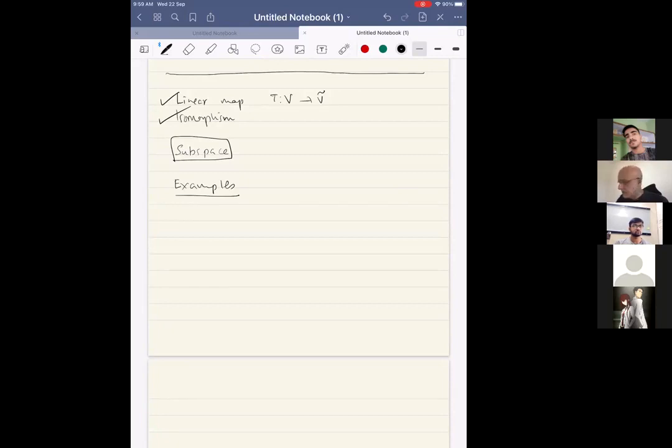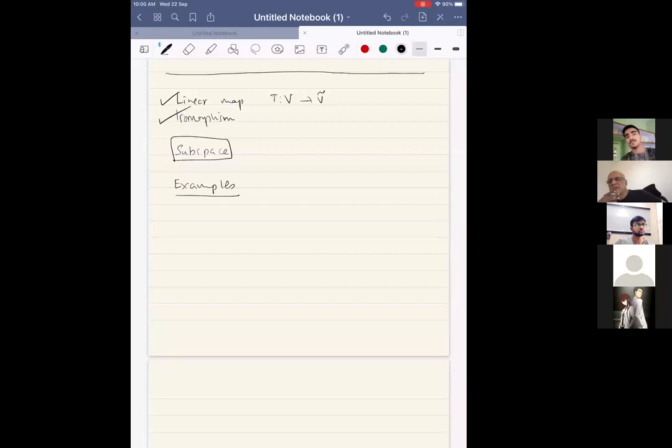Now, subspace. Very good. To talk about a subset, you need a set, right? So a subspace makes sense only in the context when you already have a vector space given.